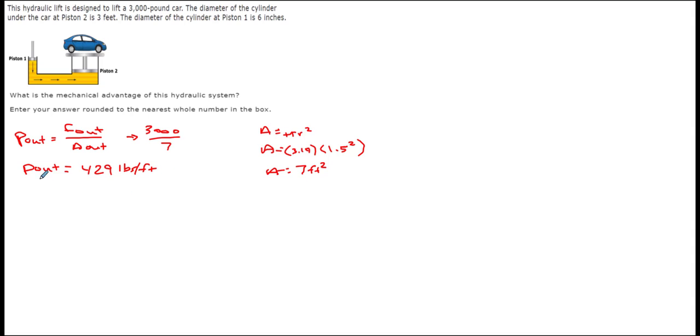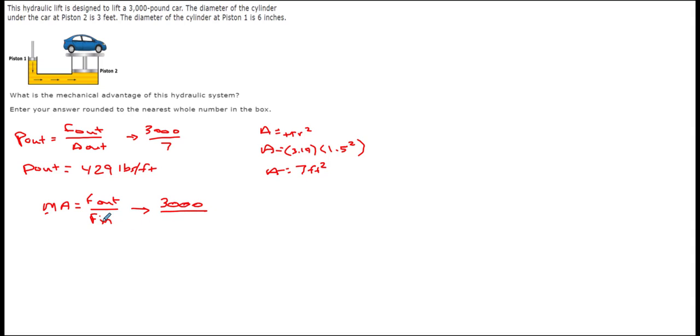Okay, so if we know that the pressure here is that, then we know that mechanical advantage is equal to force output divided by force input. Well, we know that the force output is 3,000 pounds because this thing is lifting 3,000 pounds.